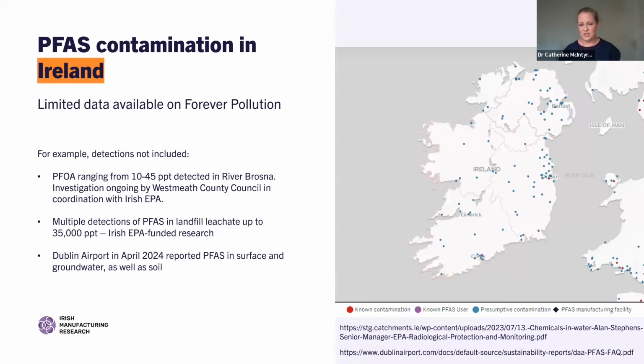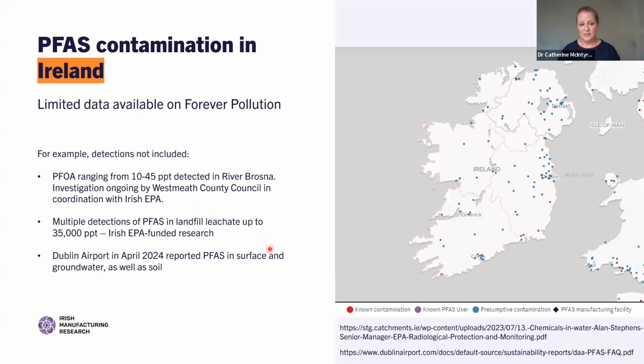But this project didn't pick up on some detections, and it does depend on when they collected the data. We have had detections of PFOA, from 10 to 45 parts per trillion, in the River Brosna, and that's subject to an investigation by Westmeath County Council in coordination with the Irish EPA.